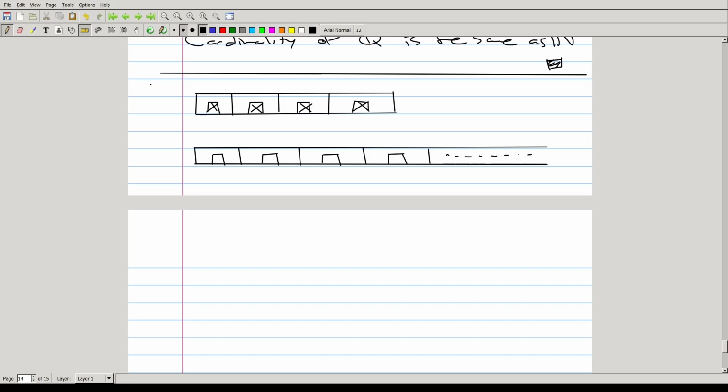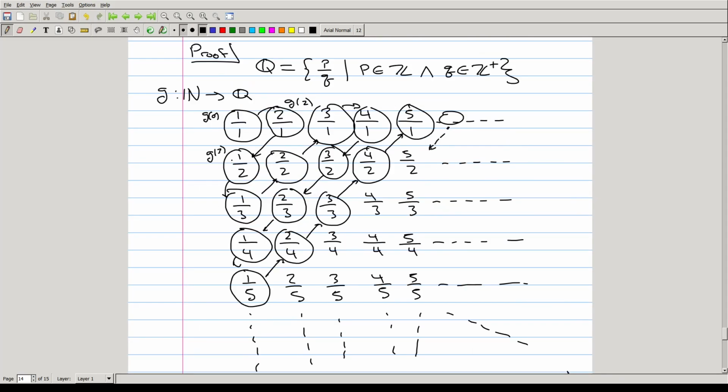This is a good analogy. And like I said, there are other bijections, right? But this is probably the simplest way of explaining why the set of all rational numbers is countable.